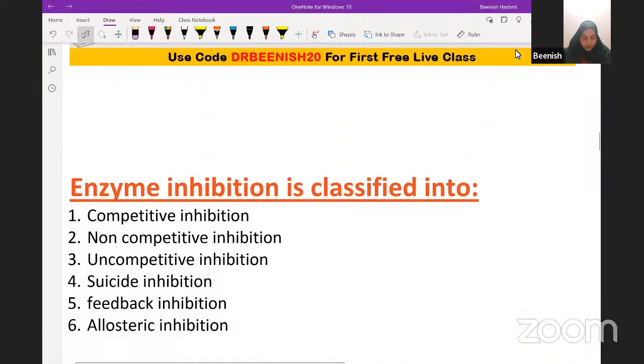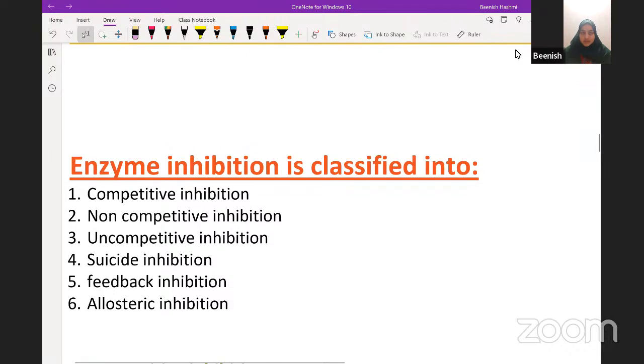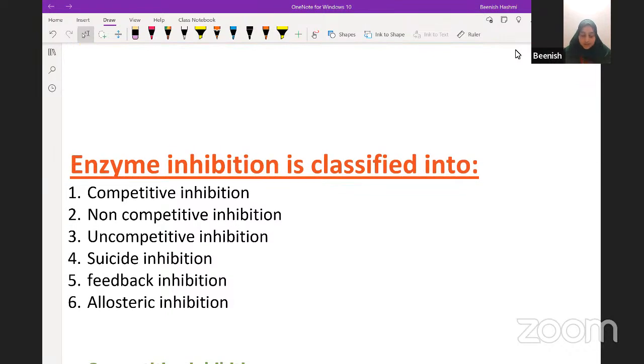Okay. So talking about enzyme inhibition, that's the topic for today's class. Enzyme inhibition is a very important topic, and not just for biochemistry, where you get direct questions, like you might be asked to describe a certain type of inhibition, like competitive inhibition, non-competitive inhibition.